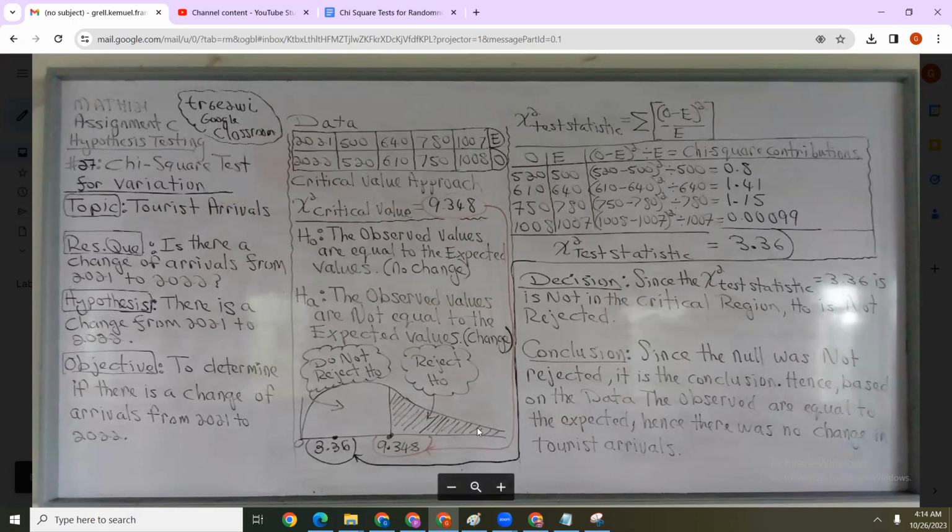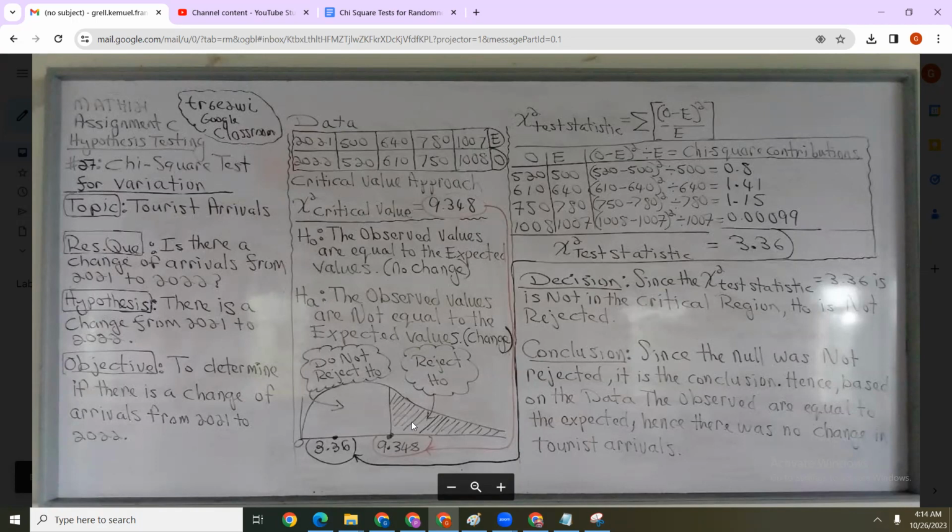The distribution curve skewed to the right, the critical region is on the right, the critical value on the critical point. And as you know, here is to be said, reject the null. H0 is the symbol for the null. And here is to be said, do not reject the null. Okay, the non-rejection, the unshaded, the rejection region, the shaded region.